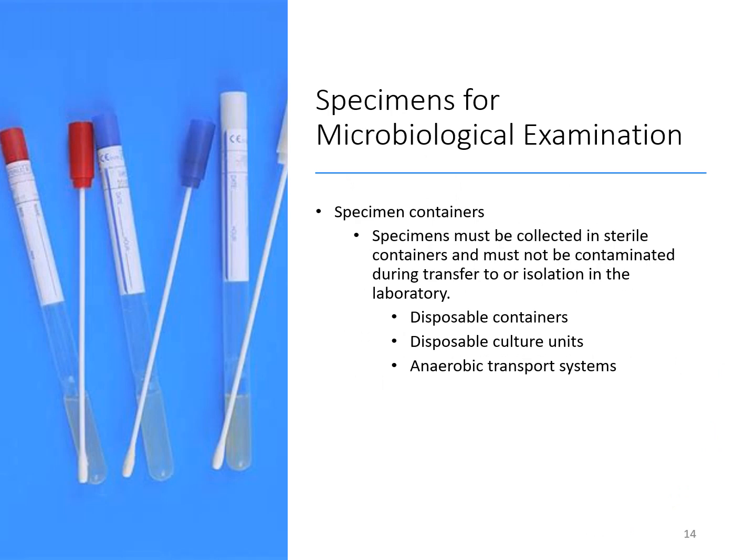So with that being said, specimen collection containers are important because the specimen must be collected in a sterile container, as I mentioned, and it must not be contaminated during transfer to or isolation in the laboratory. So you want to make sure that it doesn't get exposed to anything else that could potentially cross-contaminate.